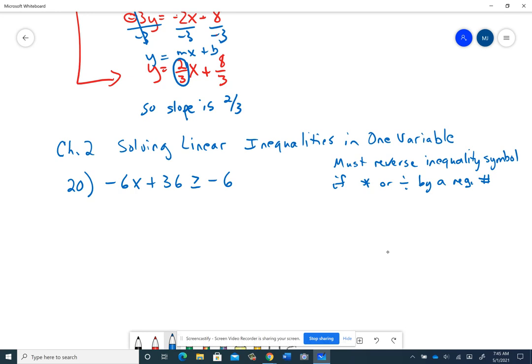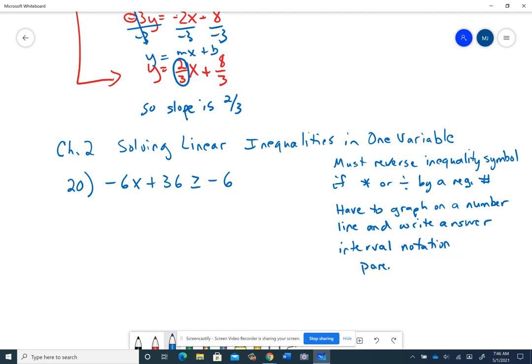You also have to graph on a number line and write the answer in interval notation, which is the parenthesis bracket thing.